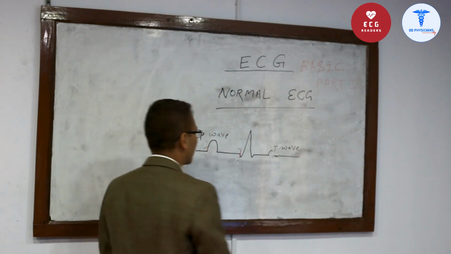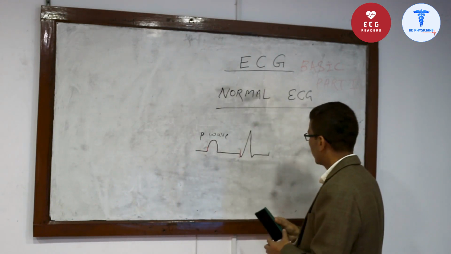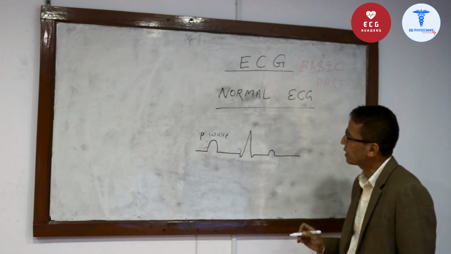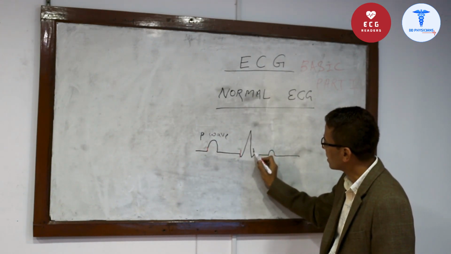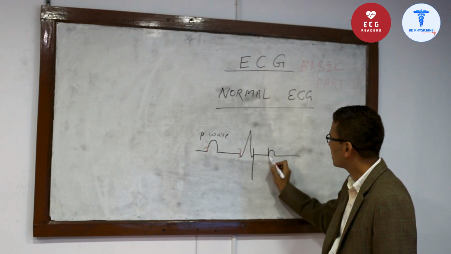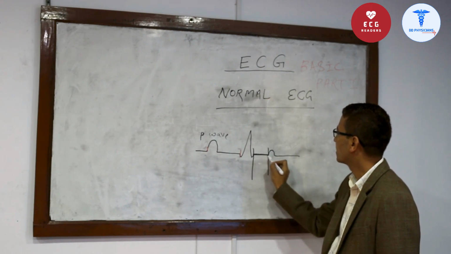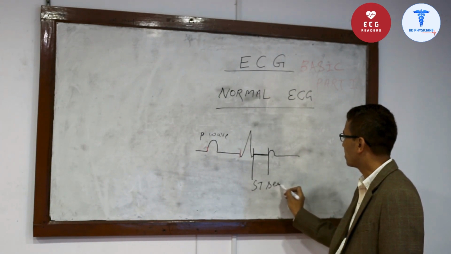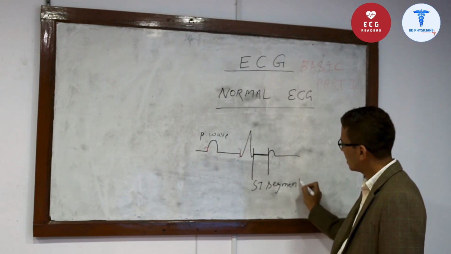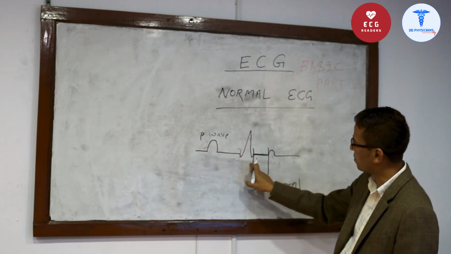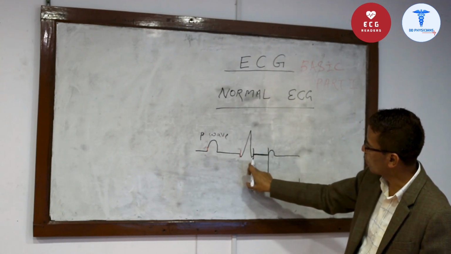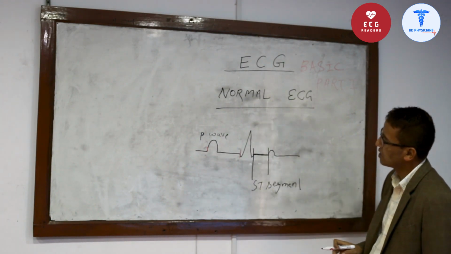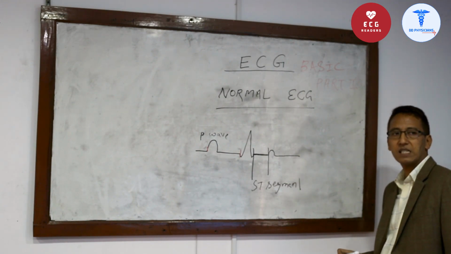Now we should know the ST segment. The ST segment is the segment from the end of the S wave to the beginning of the T wave. This portion is the ST segment.